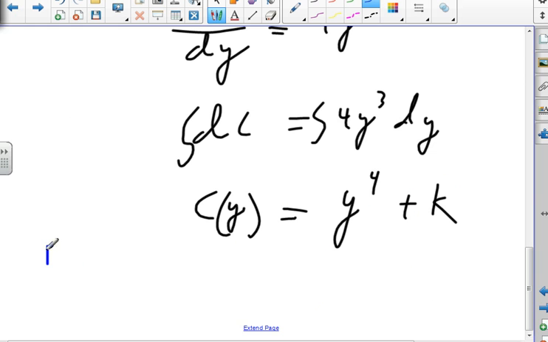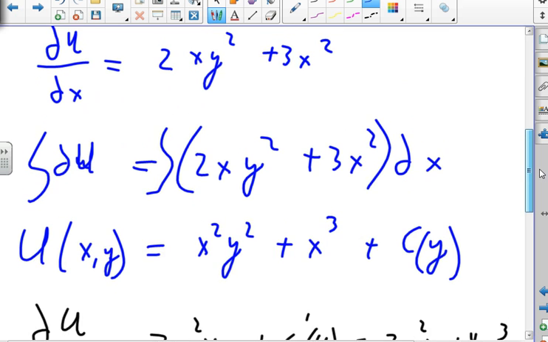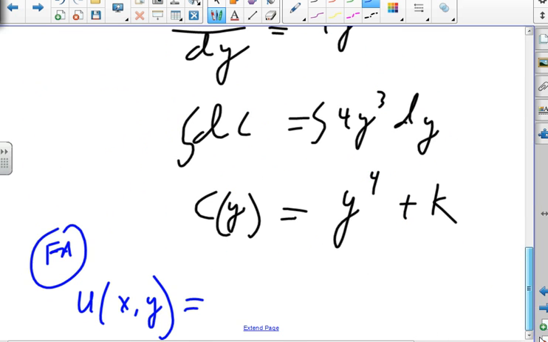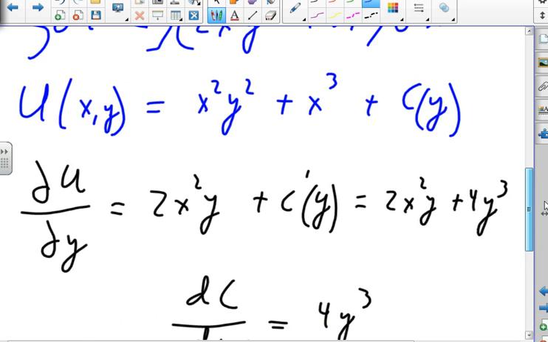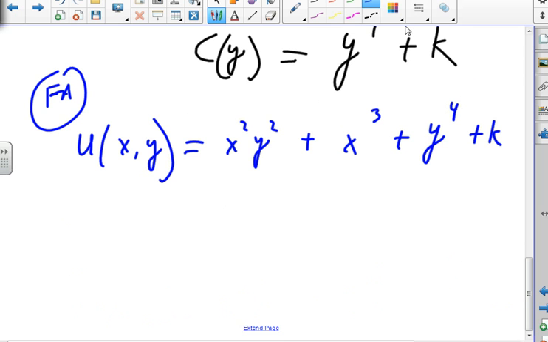Okay, so final answer, u of xy is equal to x squared y squared plus x cubed plus y to the fourth plus k. I'm going to check my work.